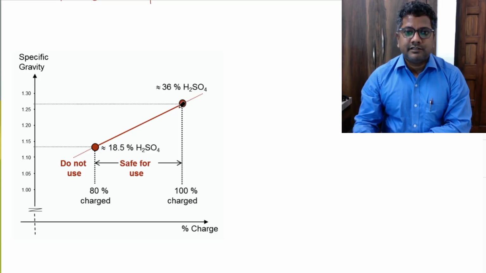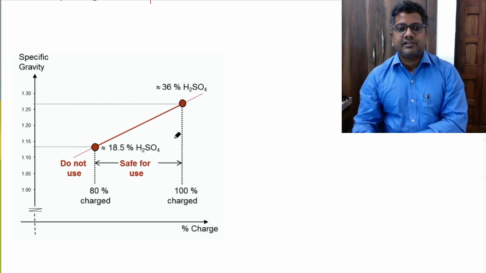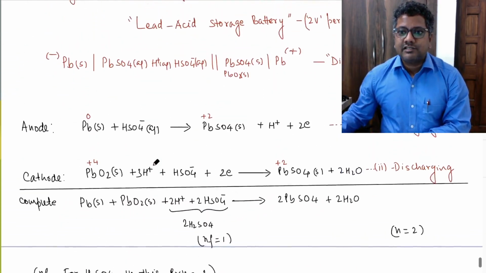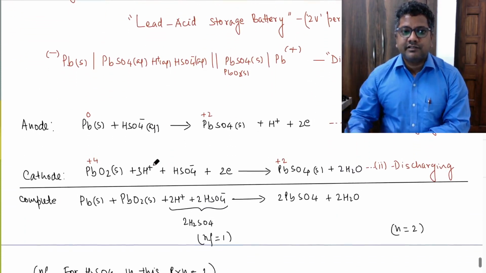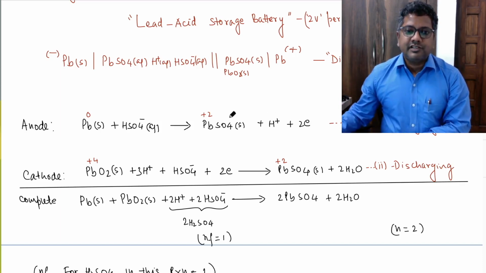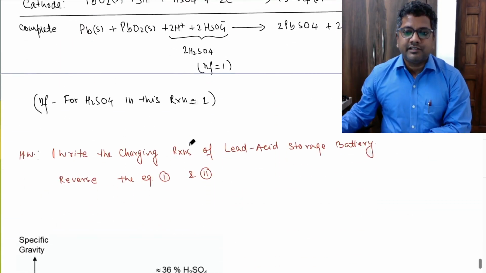From here to here is the safest range for use, right? When the discharge process is taking place, see here, this is the discharging. Once the discharging goes on, meaning when the battery is in use, the density of H2SO4 is decreasing.